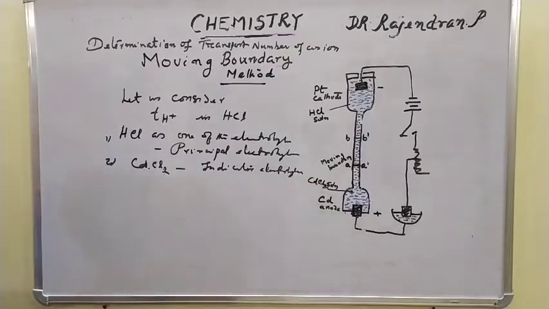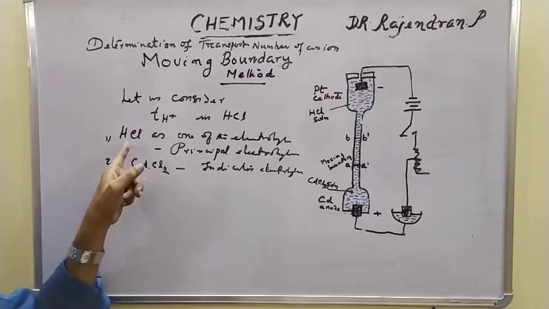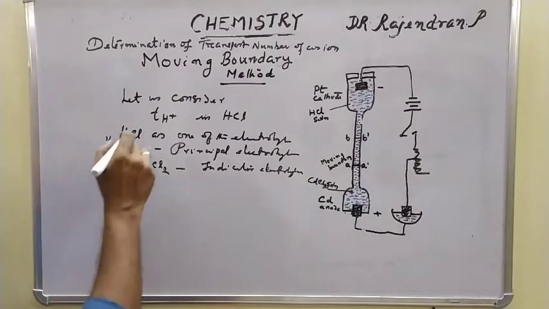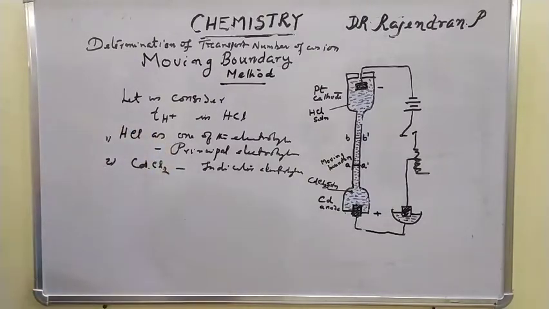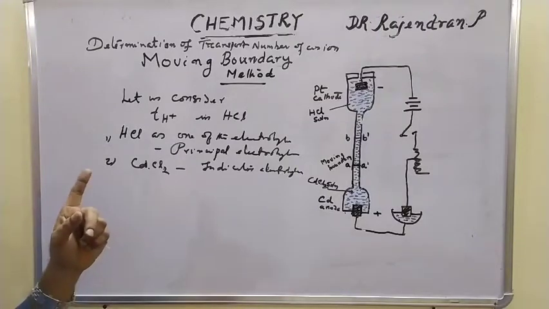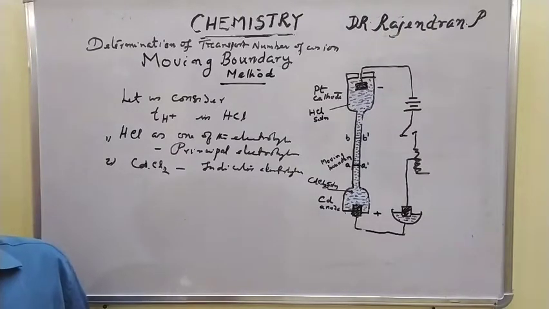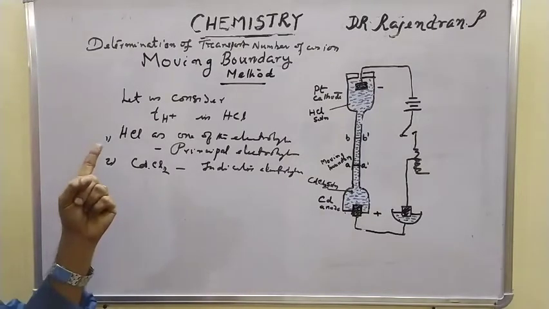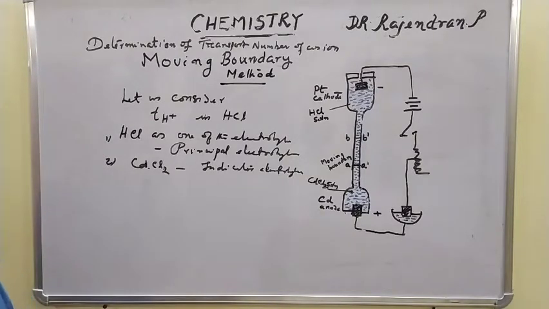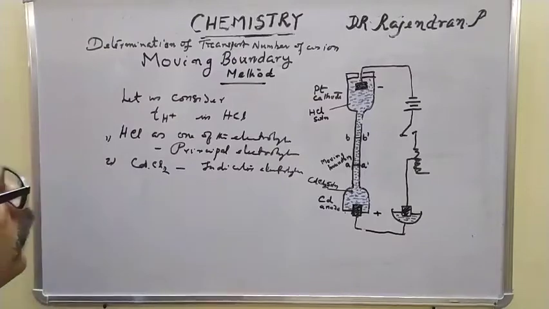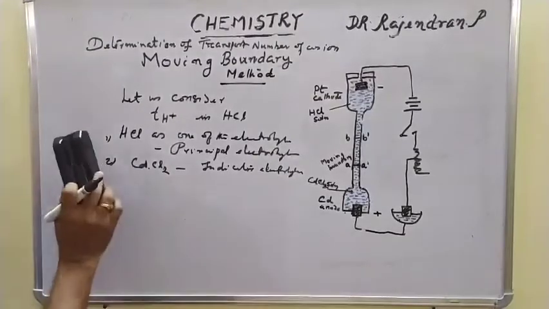The peculiarity of the indicator electrolyte is that it should have the same anion as the principal electrolyte, so in this case the chloride ion. And second, the indicator electrolyte should have a cation much slower than the H plus ion of the principal electrolyte. So the cadmium ion is generally slower than the H plus ion.